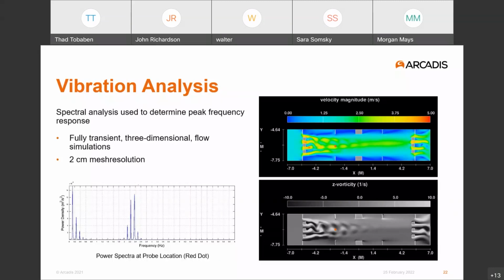To answer the question properly, the simulations are carried out in 3 dimensions, kind of as usual, but also done in a fully transient way, so that what we're doing is computing time series of velocities and pressures, and then we're using those time series to carry out spectral analysis to figure out what the predominant frequencies of the turbulence are.